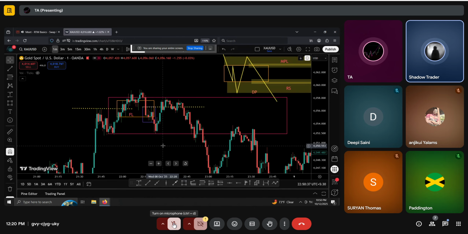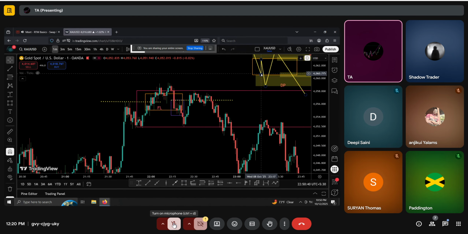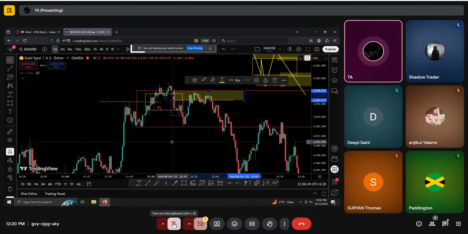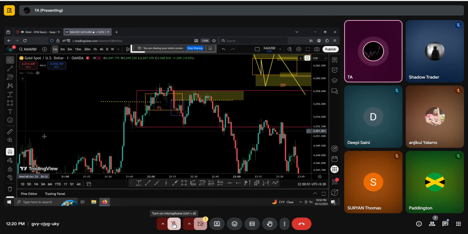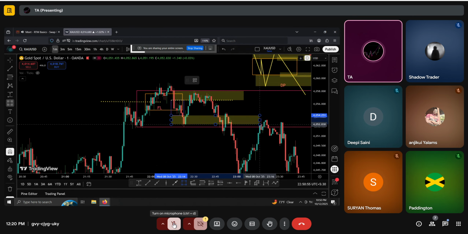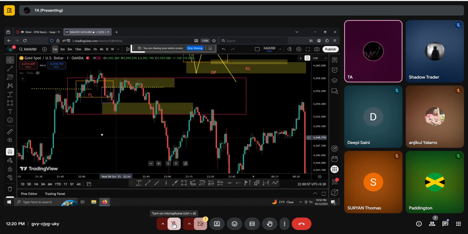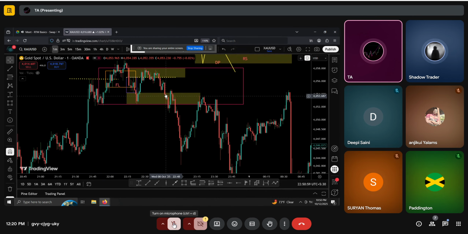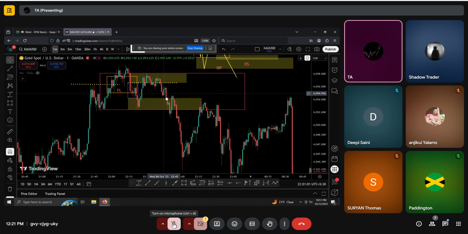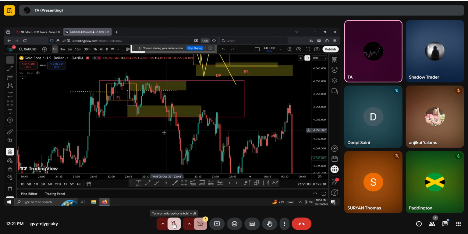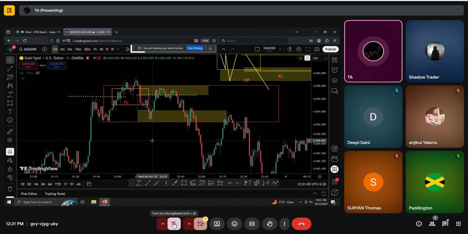So what happened here? If we draw this above this, it was the MPL zone, and below this it was the RS zone, right? Price fell down, price fell down. So the RS zone was here.